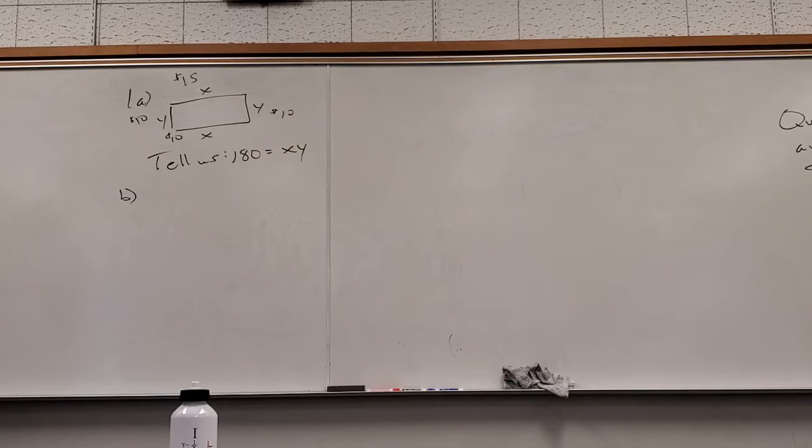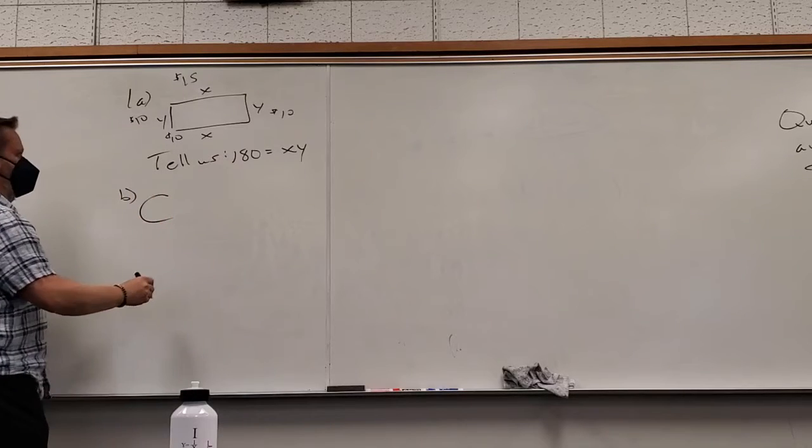And again, when you look at the question, if it said find the minimum shoe length, what equation do you want? You want an equation that tells you shoe length, right? So this says find the minimum cost, so I need a cost equation.